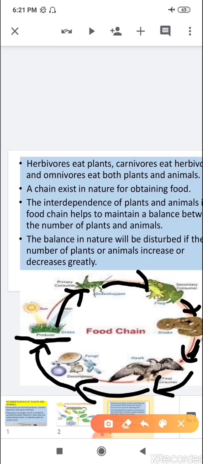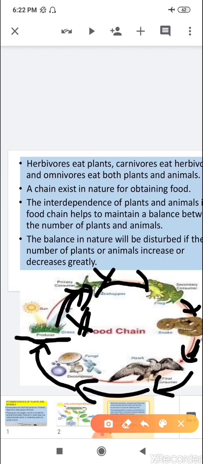We have seen that if there are no green plants, then herbivorous animals will not get their food because they eat green plants, and green plants are the only ones able to synthesize their own food. Then the herbivorous animals will die.